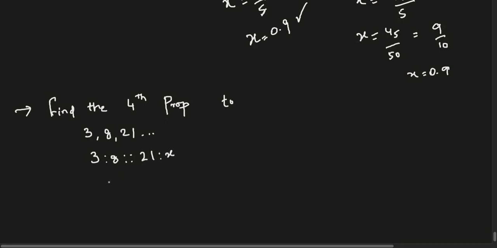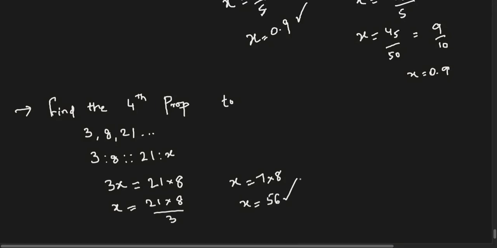So you will multiply 3 into x, 3x, product of extremes equal to product of means, 21 into 8. So here, without multiplying, just bring 3 here so that it gets cancelled. 21 and 3 get cancelled. 21, how many times? 7 times. x equal to 7 into 8, 56. x equal to 56. Value is 56. Got it?